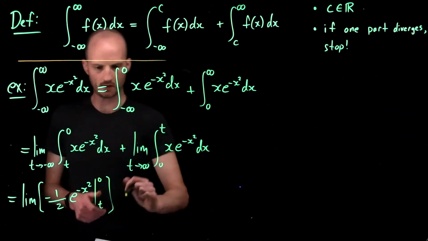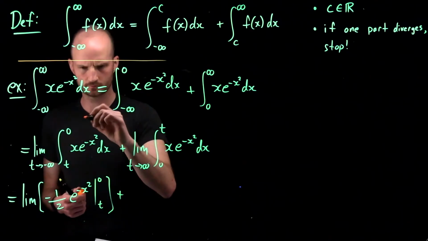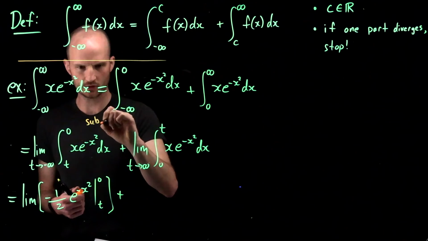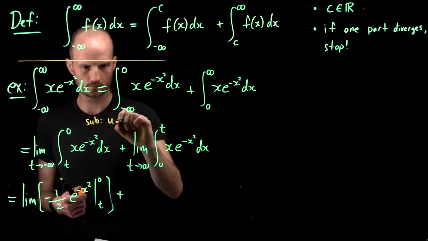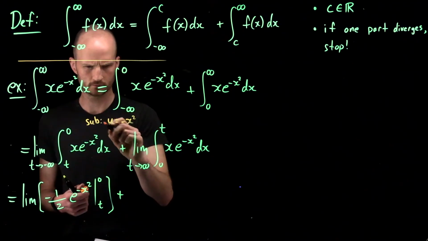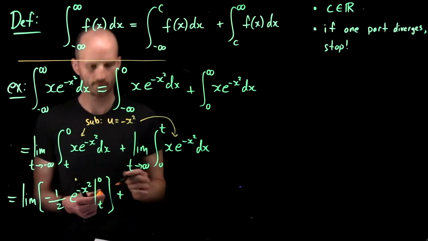I'm doing a guess and check there. If you don't want to do a guess and check, what you would do is substitution, u is negative x squared. In both cases.